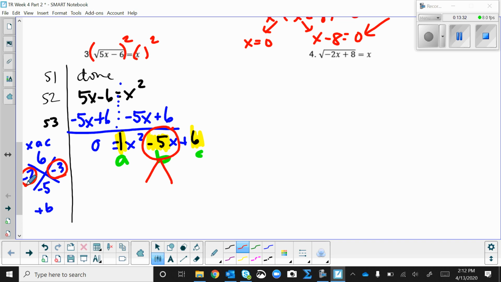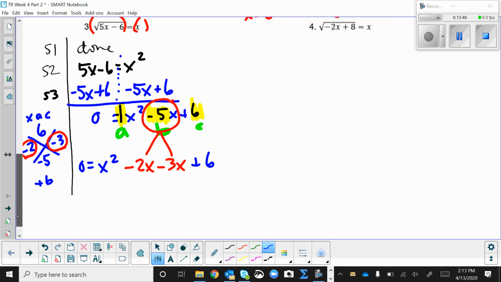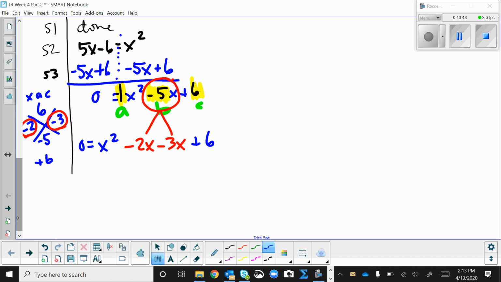So instead of negative 5x, I'm going to write this, negative 2x minus 3x. And then I'm keeping the first term, the x squared, the same, and the last term, the positive 6, the same. Right? And now we do grouping.